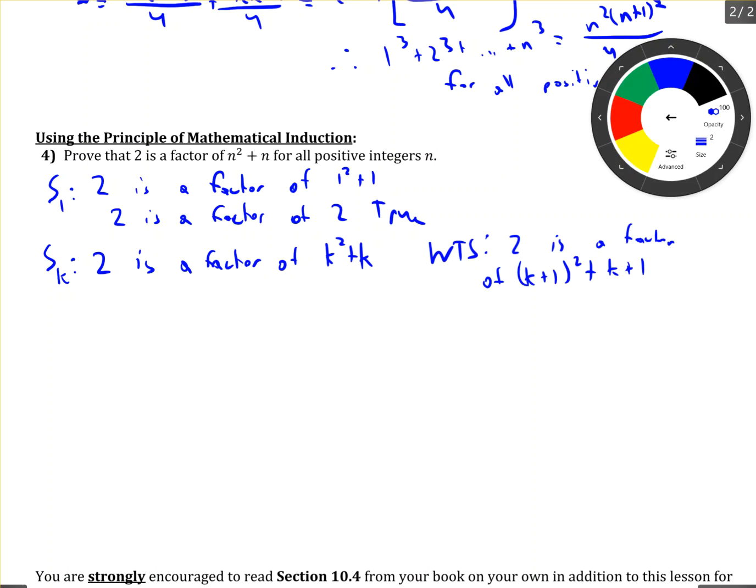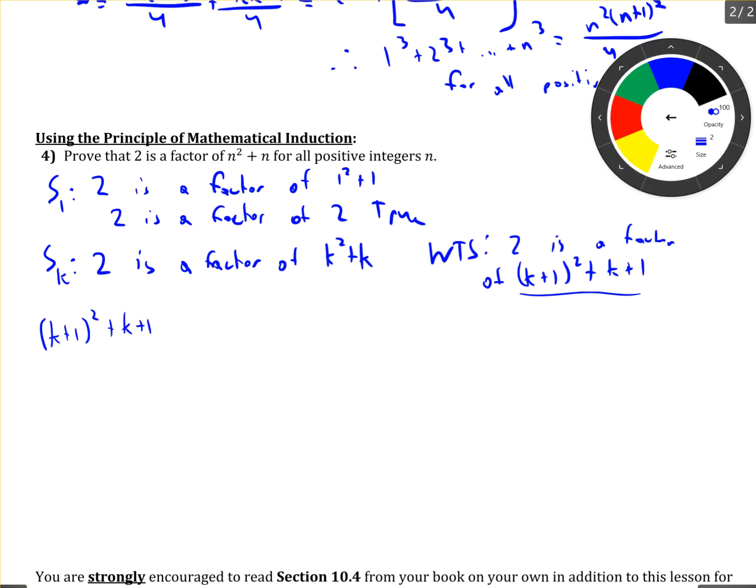All right. So if 2 is a factor of k squared plus k, well, let's take a look at k plus 1 squared plus k plus 1. This is a little different. I'm working from here. I'm basically going to show that 2 is a factor of that.